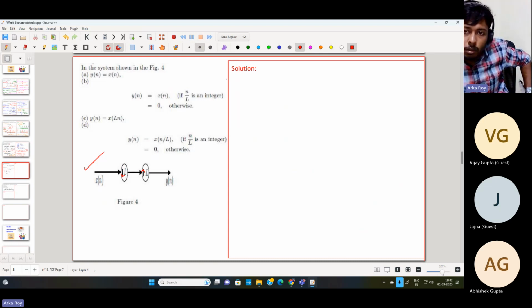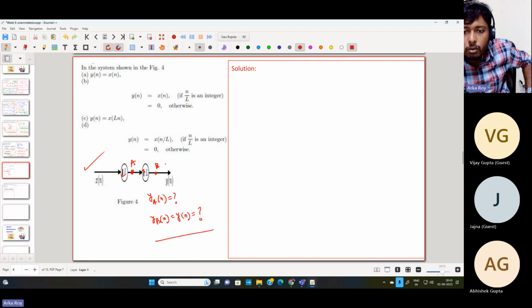We have seen in last week's live session also, we had studied some problems related to these particular structures. So what we have to do initially is get the output at each point. We need to find y(a) of n and y(b) of n, and effectively y(b) of n is your y of n.